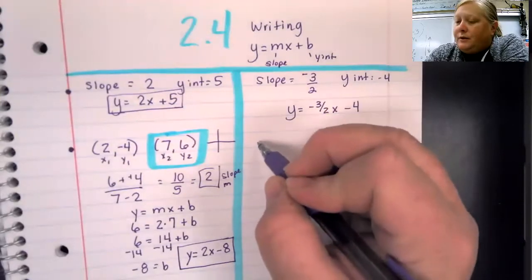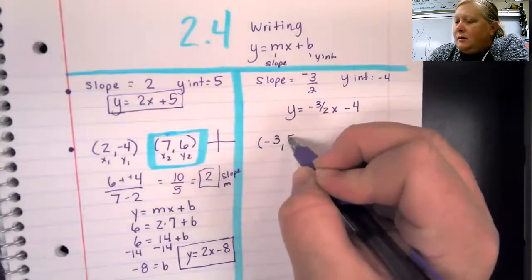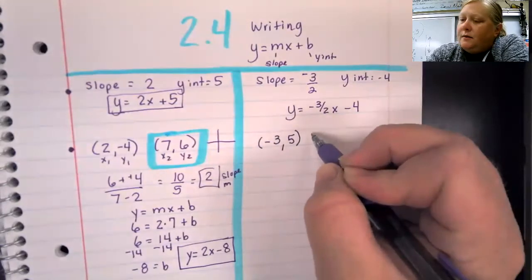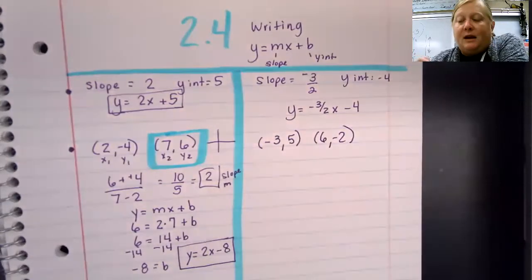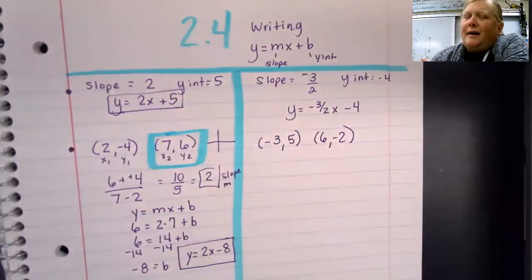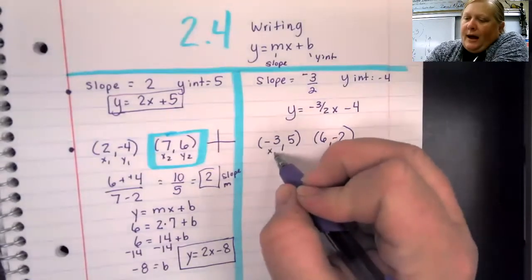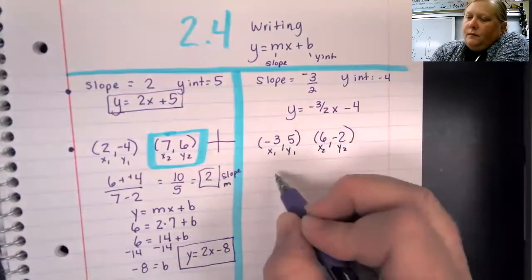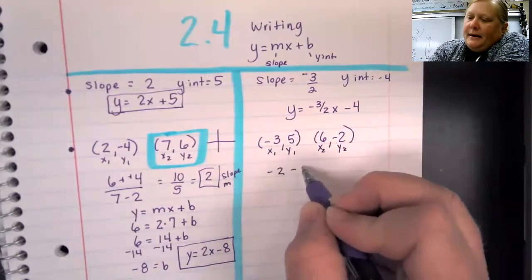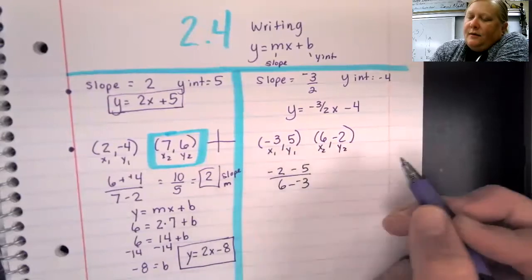All right, your turn. I'm going to give you one with some negatives here. Remember, you can stop the video and try it on your own, and you're going to have some questions anyway. Go ahead and label. -2 minus 5 all over 6 minus a negative 3.